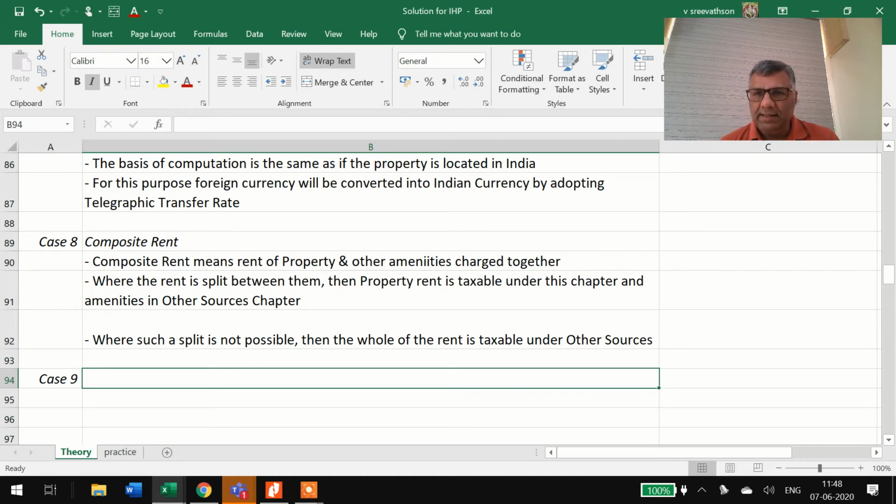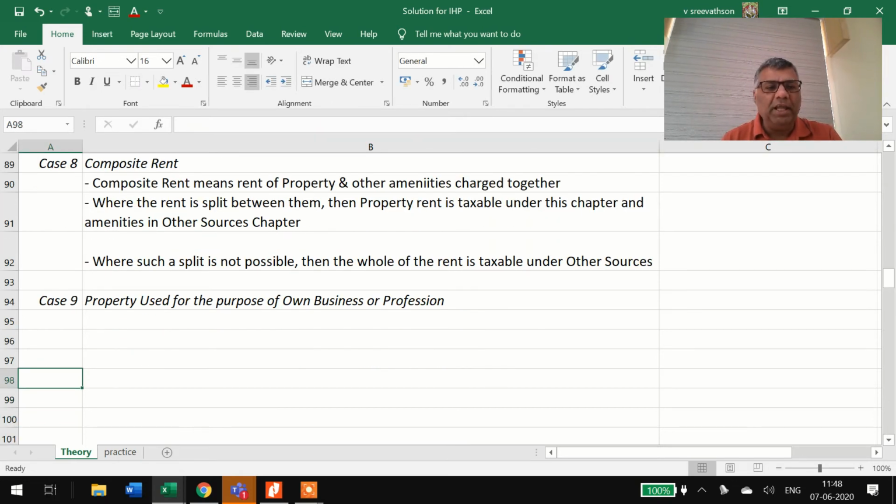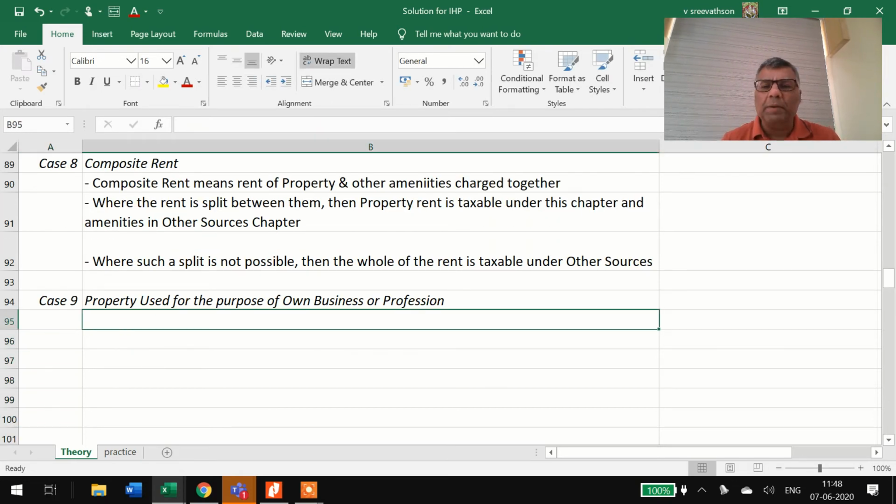Case 9. Property used for the purpose of own business or profession.